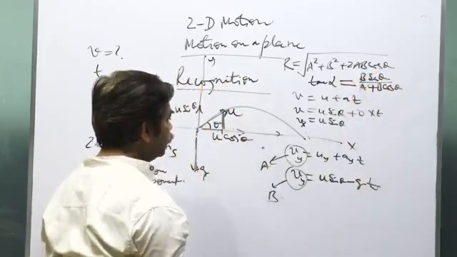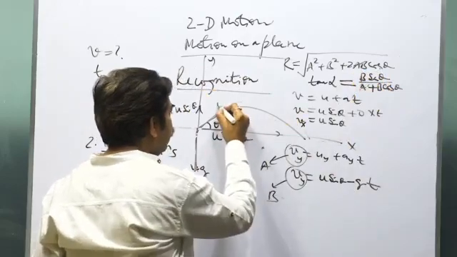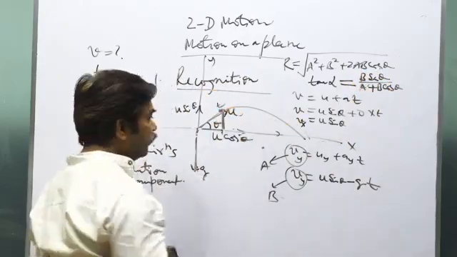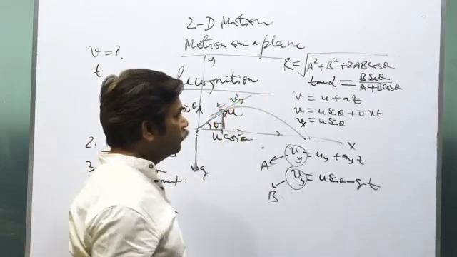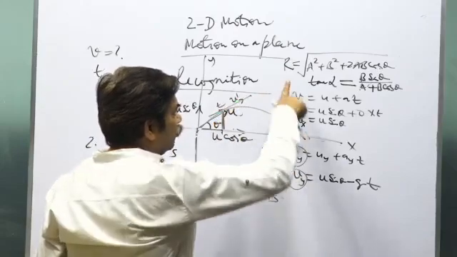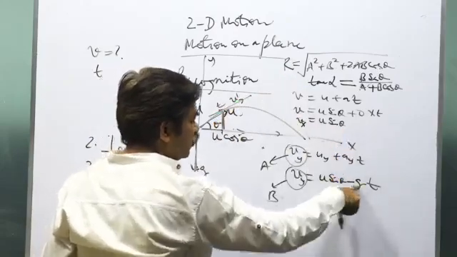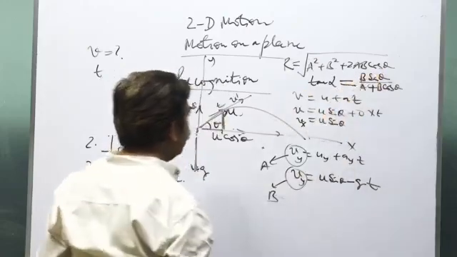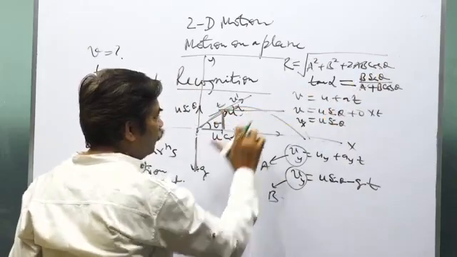So in this case, you had to calculate the velocity after time t, and t is the time to reach here. At this point, its velocity is along this direction, say v dash. So you will get the value of v dash. V dash equals the square root of the square of this plus the square of this. The remaining part becomes 0, and that velocity makes an angle alpha with the direction of A. A is what? Vx.